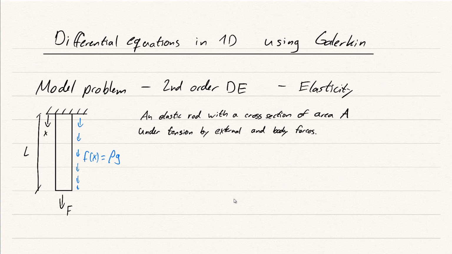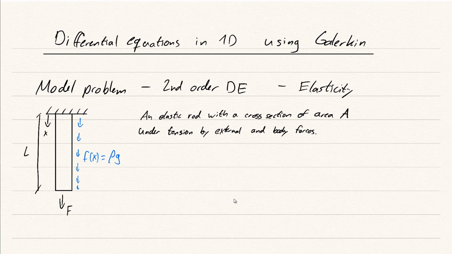That's what we're going to do now, and later we are also going to look at the heat equation, which is a simpler differential equation. We will be looking at more general differential equations later and how to solve them using Galerkin, because these equations that we're going to look at now are pretty simple.